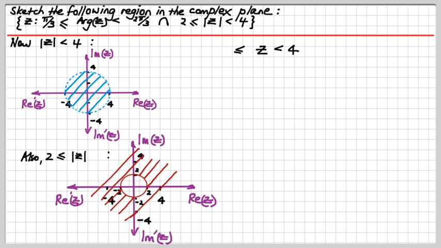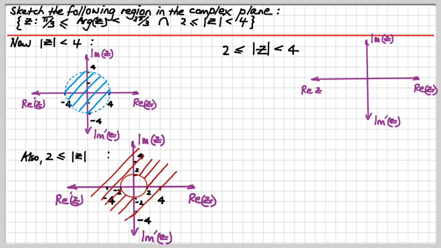Now, if you want the bit that does both at the same time, can you imagine what that would look like? It's going to be that's the outside bit, and what about the inside bit? There it is.